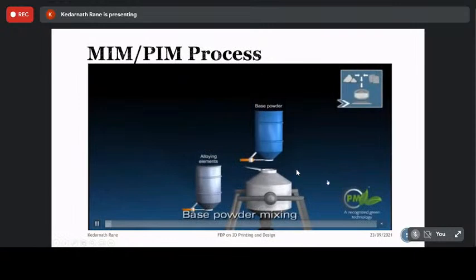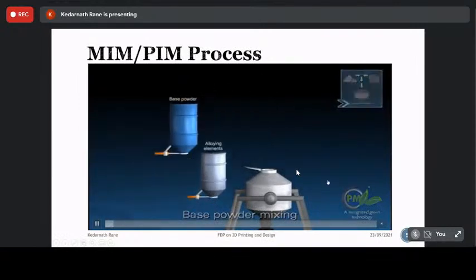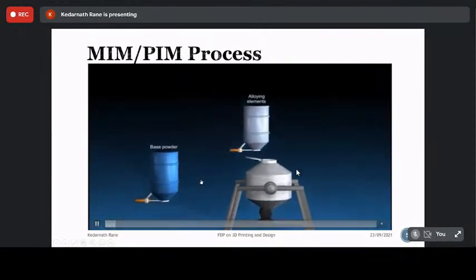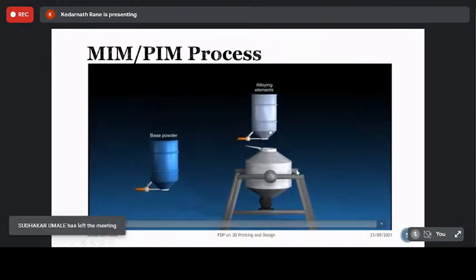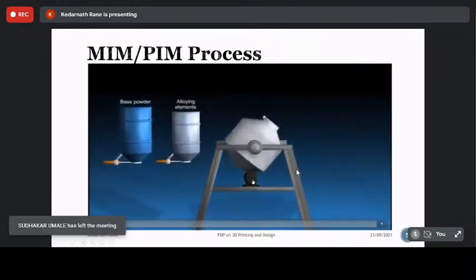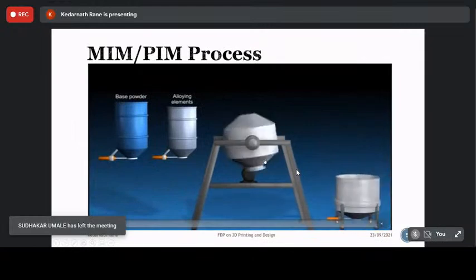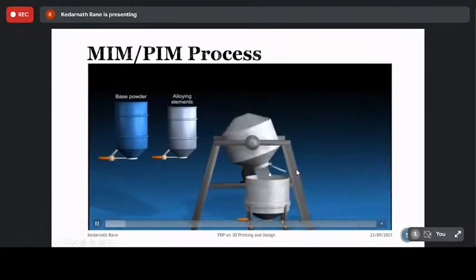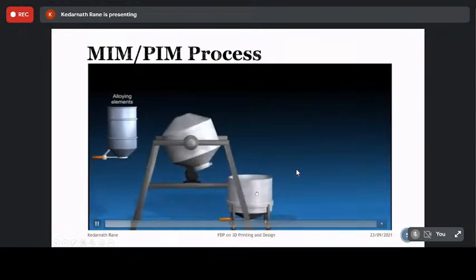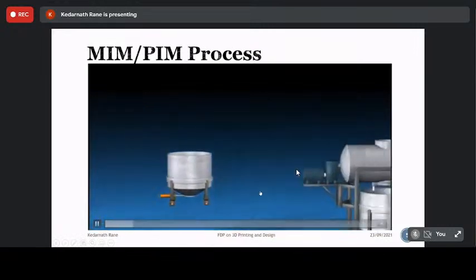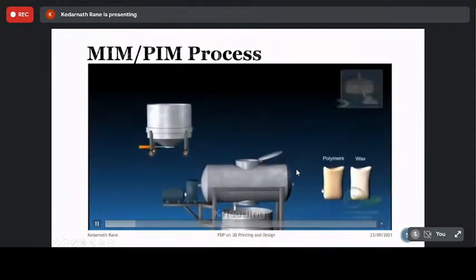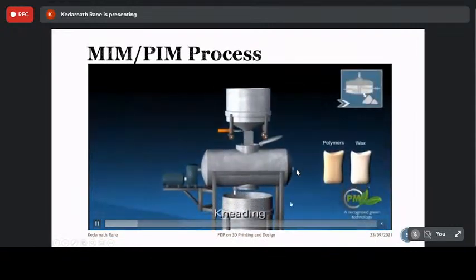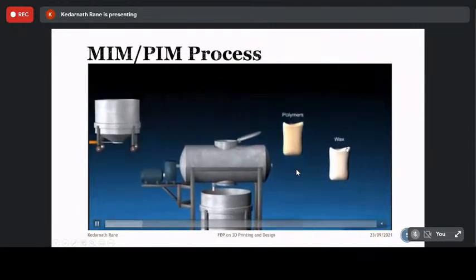It starts with powder mixing. If you have one base material like iron and some alloying element, you need to put them together and mix them in dry condition. When the alloyed powder is ready, you can transfer it to another mixing unit where you mix it with non-metallic constituents like polymer and wax.